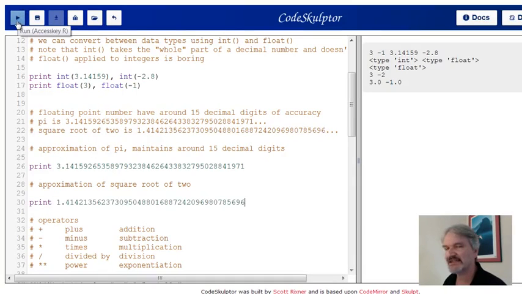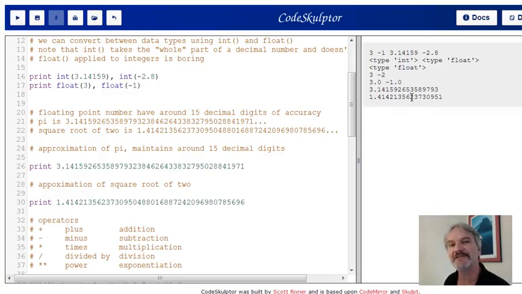So I'm going to ask Python now to print these out. And when you do that, notice that I lost a lot of digits here. All these digits got trimmed down. What happens inside Python is they represent floating point numbers with about 15 decimal digits of accuracy. So anything beyond that gets thrown away.